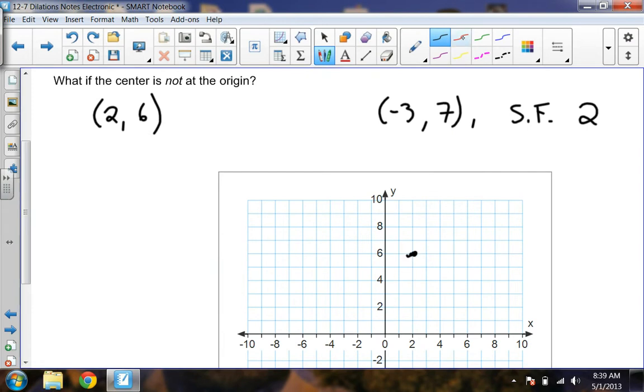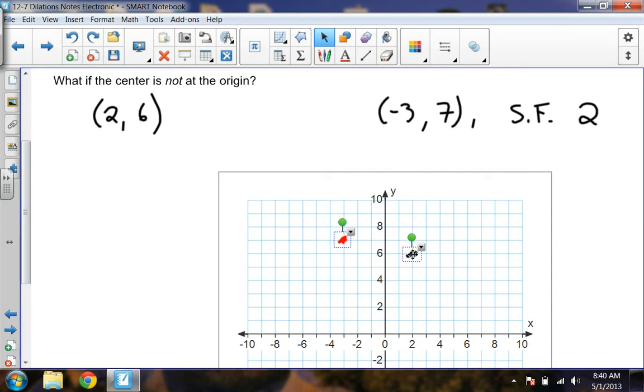I have this point here, -3, 7. And I want to draw it with a scale factor of 2. So in other words, I want to go 2 times further away from the center. Obviously, the point will probably be somewhere around here. But mathematically speaking, if it wasn't that simple, how could I end up graphing these?